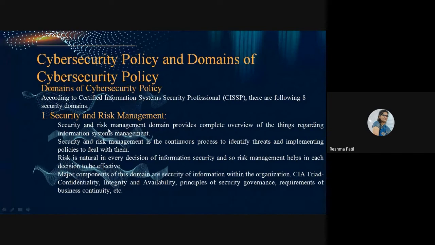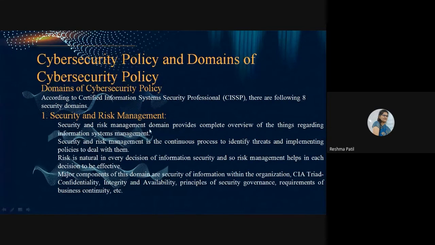What will this module contain? The security and risk management domain provides a complete overview of the things regarding information security and information systems management. How we are going to manage the system in such a way that we reduce the risk. That part will be covered under this module.